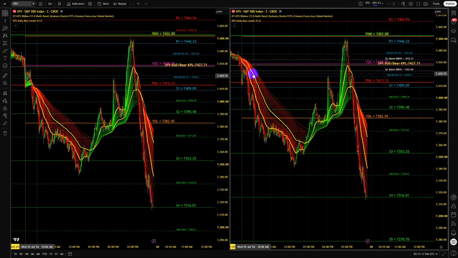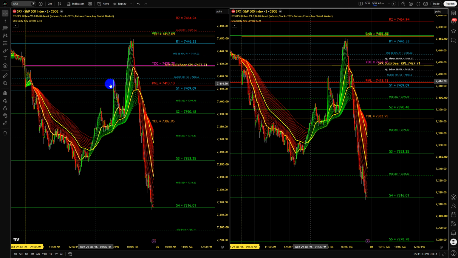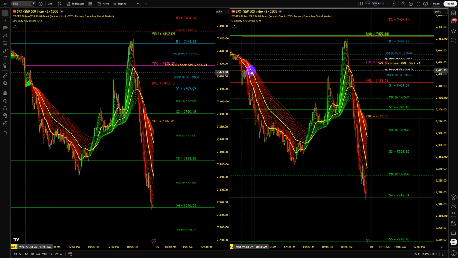Here we have the all red ribbon. Here we have a start off with a green ribbon, but we do have closes below. So what we're really waiting for is confirmation from the ribbon eventually on both of these for dual confirmation.